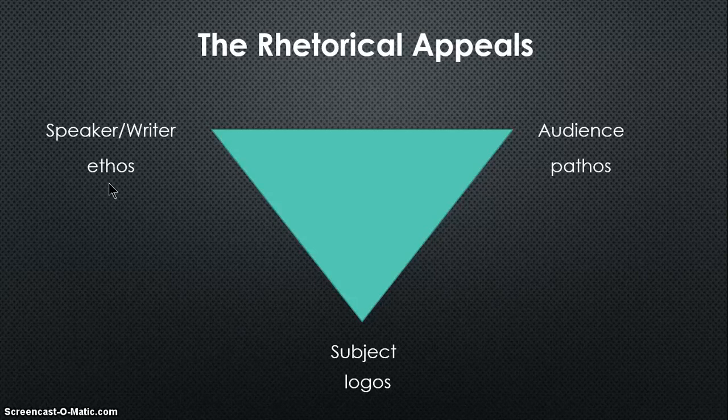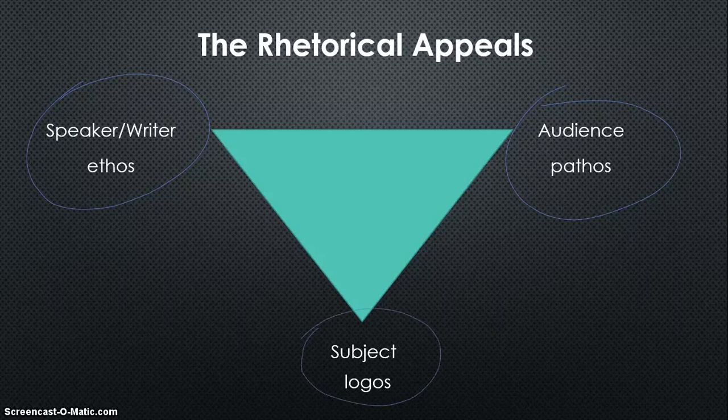As far as the application of these terms, again, bear in mind where they exist on this triangle. When you're talking about ethos, you're always talking about the speaker or the writer, the speaker or writer's trustworthiness, their credibility. When we're talking about pathos, we're talking about a writer or speaker reaching out to their audience with some kind of emotional appeal or in some efforts of building a human rapport with them.